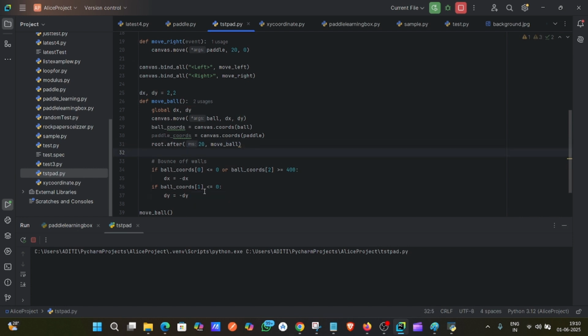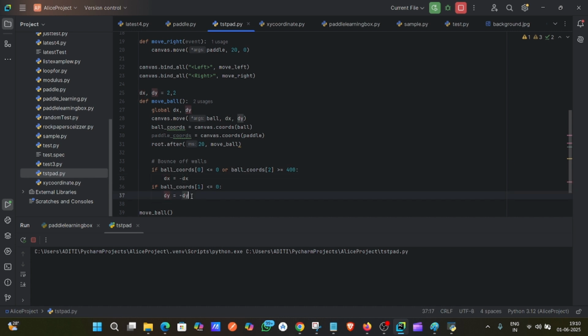I have tested all those conditions. If coordinate 0 of the ball is less than or equal to 0, or coordinate 2 of the ball is greater than or equal to 400, I should reverse dx. The positive direction of dx was 2, so it was moving towards the right. I should make it minus. If it is less than 0, then it was minus, it should become plus. So it should keep on moving in either direction.